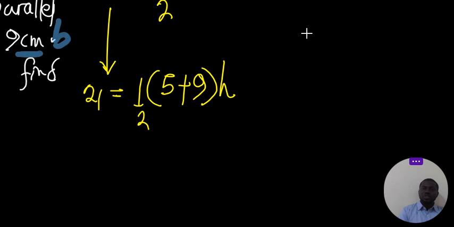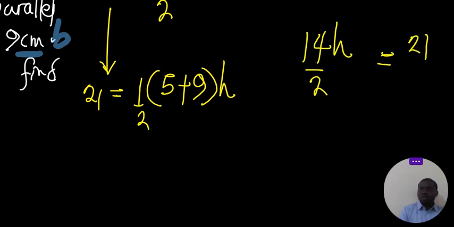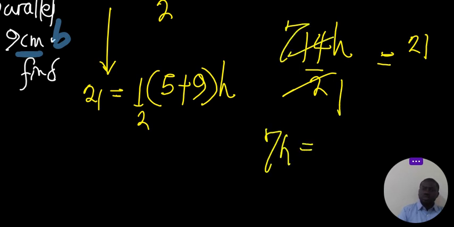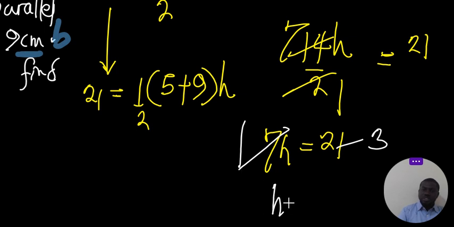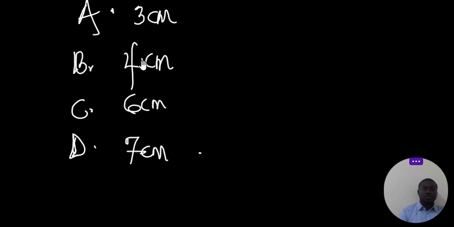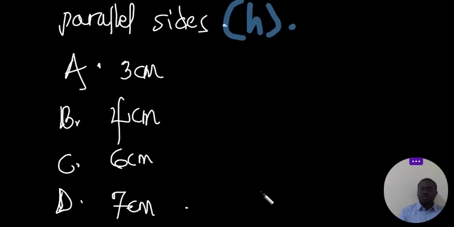So 9 plus 5, that's 14. So we have 14h over 2 equals 21. 2 in 14 is 7. So we have 7h equals 21. Now 7 in 21 is 3. 1 times h is h. So the height is 3 centimeters. Let's check. So the right choice here is option A.